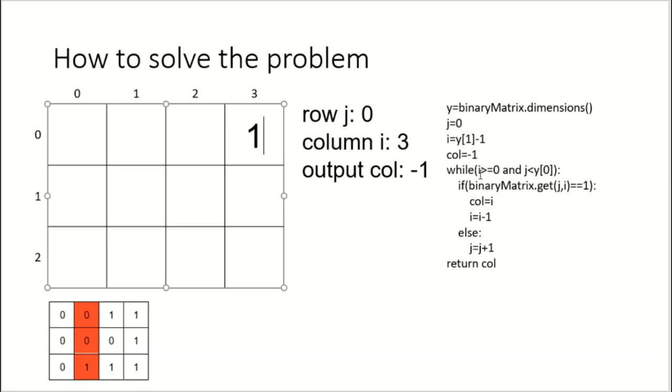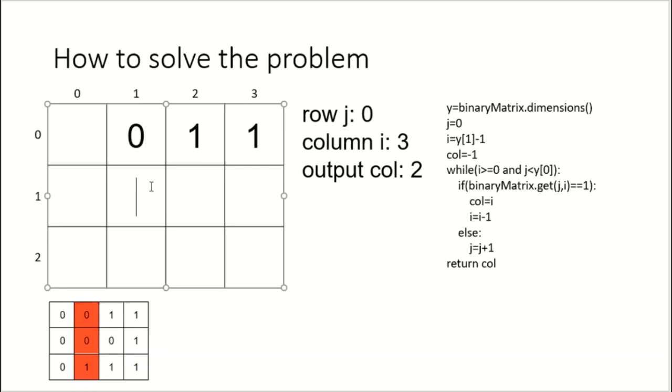After that, I check the element to the left of it in the same row, whether that has a 1, and indeed it does. So I set the output column to 2 now, because that's the leftmost column that I know has a 1. And then I check the element to the left of it, and it has a 0. So I don't change the output column for now.